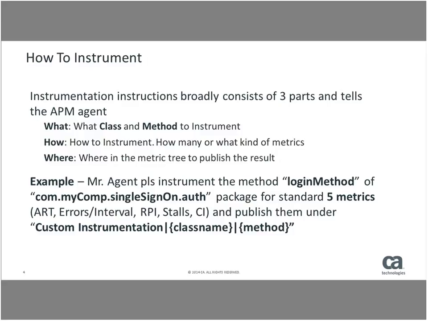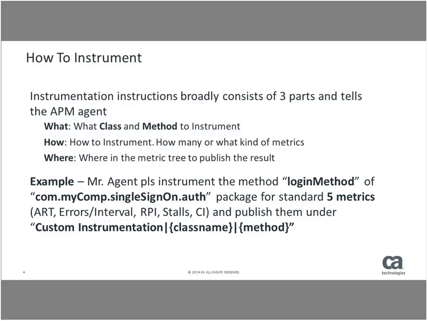Once you do this, as the classes are getting loaded, the agent looks at the instruction. You provide this in the form of an instruction, which is coming up in the next slide.